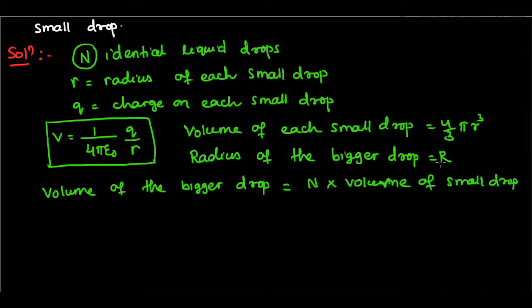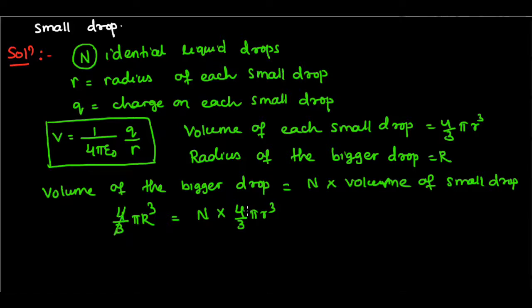So in terms of this radius capital R, the volume of the bigger drop can be written as 4 by 3 pi capital R cube, and this is equal to n times 4 by 3 pi small r cube.